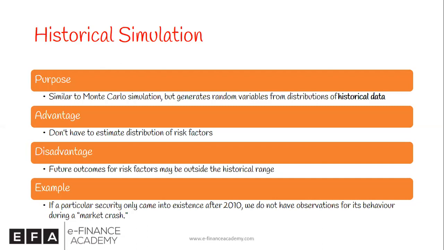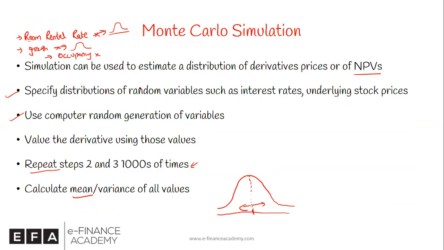The only difference between Monte Carlo simulation and historical simulation is that it generates random values from distributions of historical data. So unlike before, where the computer randomly generates a value for each of the random variables, in the historical simulation, we will have a historical distribution for each of these random variables.